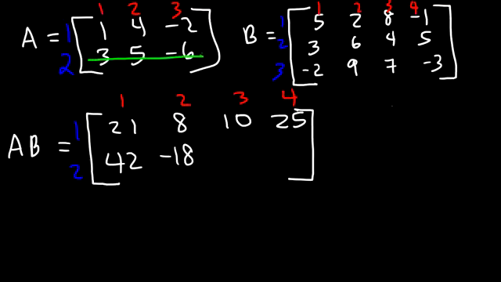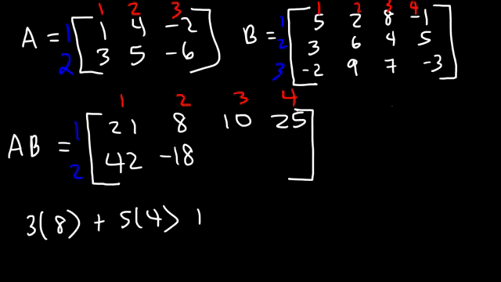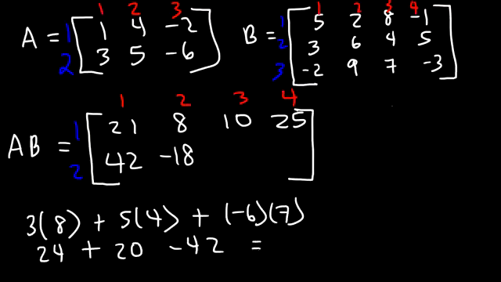Now let's move on to row 2 times column 3. So it's going to be 3 times 8 plus 5 times 4 plus negative 6 times 7. So 3 times 8 is 24, 5 times 4 is 20, negative 6 times 7 is negative 42. 24 plus 20 is 44, and 44 minus 42 is 2.